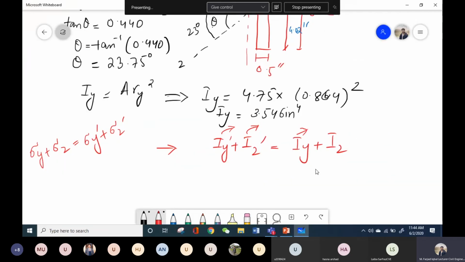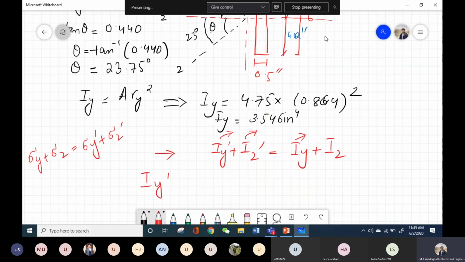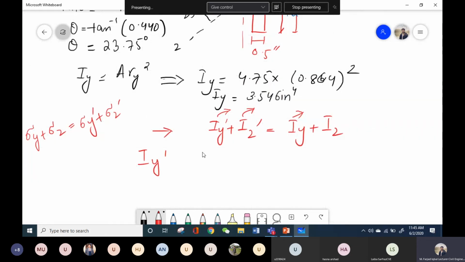So I can write it over here: my vertical axis is this y dash axis, so the moment of inertia about the vertical axis is 6.22 inch 4, and the moment of inertia about the horizontal axis is 17.3. This I have got from the table. So now what will be my Iz?